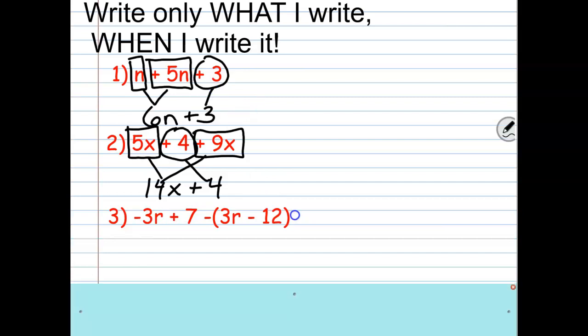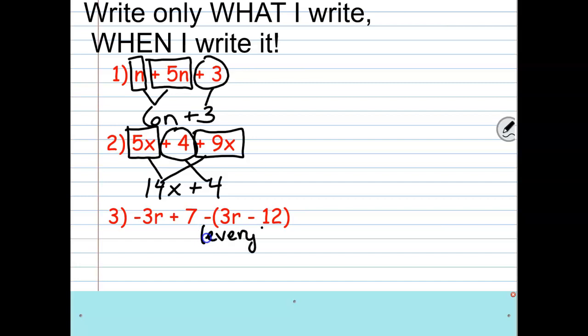All right, let's do a trickier one, shall we? Okay, whenever I have a negative outside parentheses like that, that means everything inside is negative. All right, so note that.